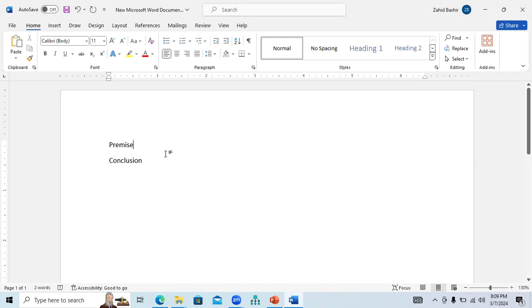In our case, the premise is basically findings from past studies, and on the basis of this premise, we can conclude something. For example, I want to conclude that financial stability is a measure of sustainable performance.